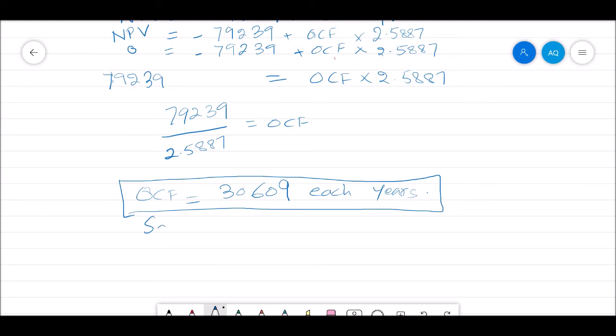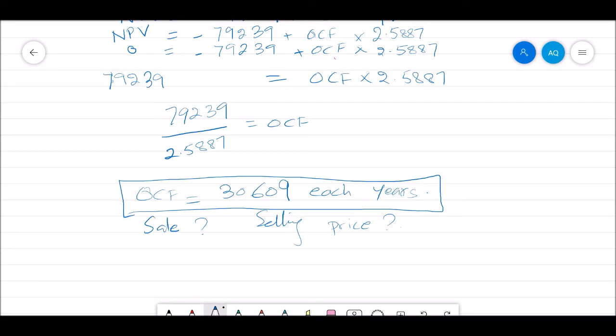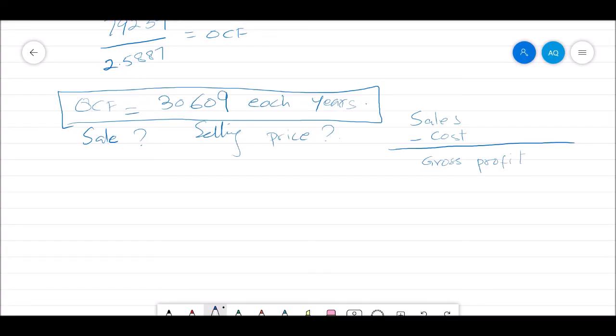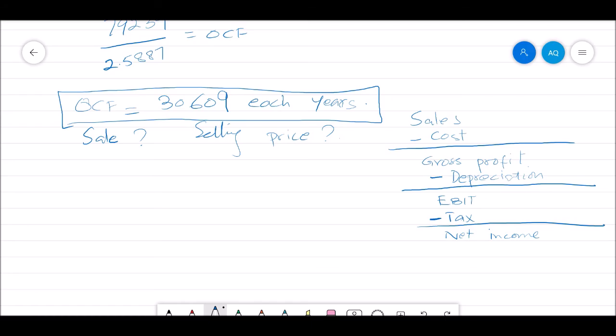What we want to calculate is the sale or selling price. How do we do it? By making a whole income statement. So what is the format of an income statement? Income statement is sales minus some cost, then we have gross profit. From gross profit we deduct depreciation, and we have EBIT. From EBIT we deduct taxes, and we have net income. We have to calculate net income using operating cash flows.